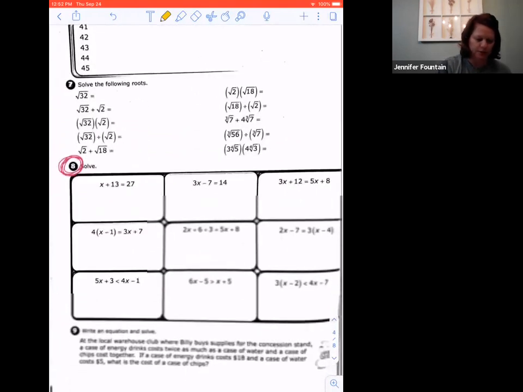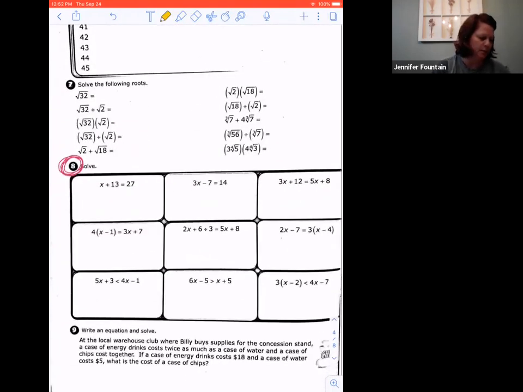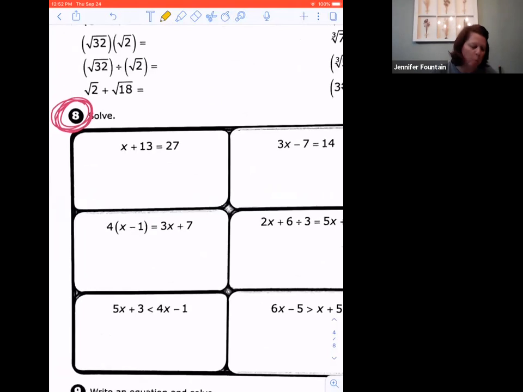Activities 8 was doing the same thing. So let me go ahead and get the first one. X is equal to 14. Underneath that, x is equal to 11.